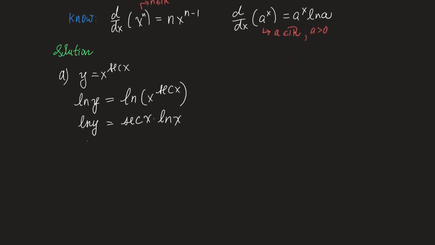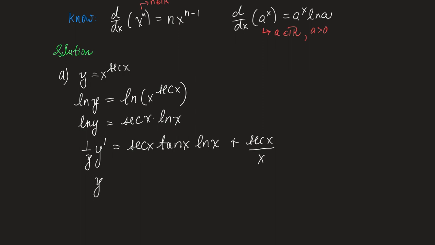So I get 1 over y times y prime is equal to, and now on this side I've got a product, secant x times ln x. And the derivative of secant x is secant x tan x, leave ln x alone, plus leave secant x alone, and the derivative of ln x is 1 over x.